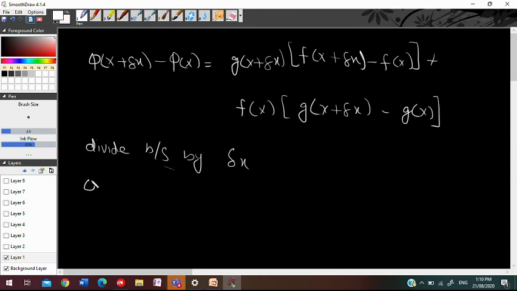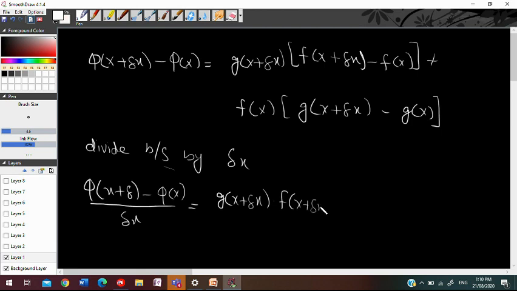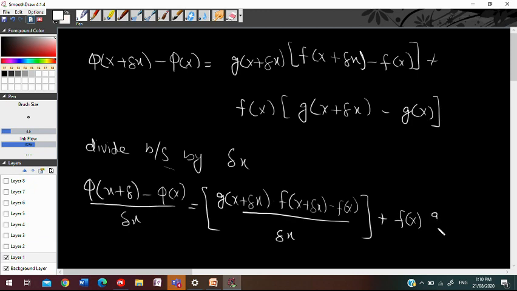Now phi of x plus del x minus phi of x whole divided by del x is equal to g of x plus del x into f of x plus del x minus f of x whole divided by del x, plus f of x into g of x plus del x minus g of x whole divided by del x. Right?